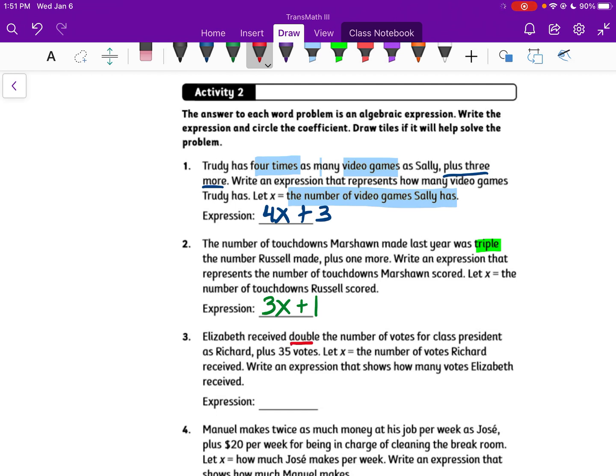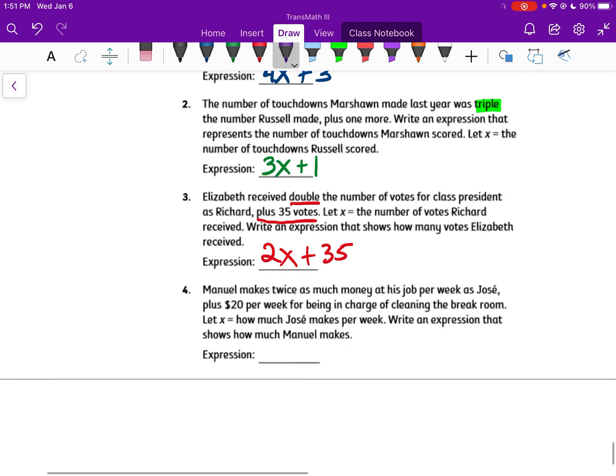Okay, number 3, Elizabeth received double the number of votes for her class president as Richard, plus 35 votes. So right there, that's the important information here. Double, which is saying 2 times the number of votes, which is represented with x, so 2x, plus 35 more votes, so plus that 35.